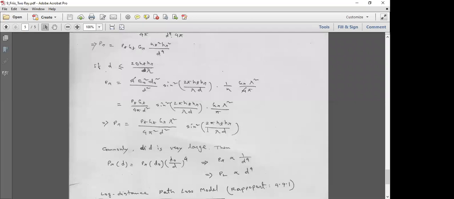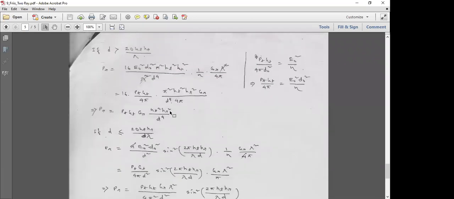I would like you to memorize this. Well, in this course, you won't have to memorize too many things, but a few simple relationships I would like you to memorize, because as a wireless engineer, you should remember these few simple relationships.